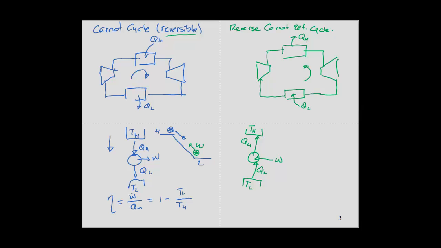Okay, we can do the same with the Carnot cycle, and we can say that what I want here is the cooling effect. So what I want is QL. What I need to provide is work in, and I will not call this efficiency, I will call it COP, coefficient of performance.